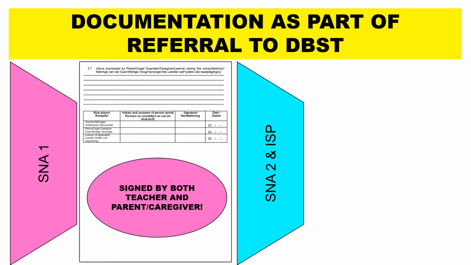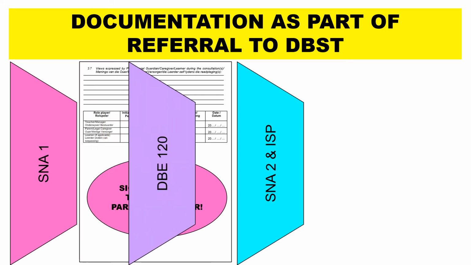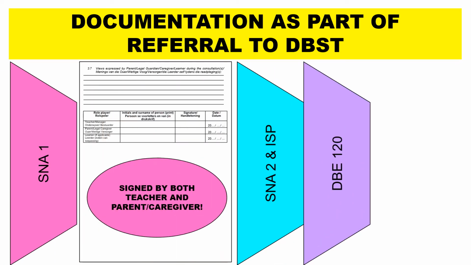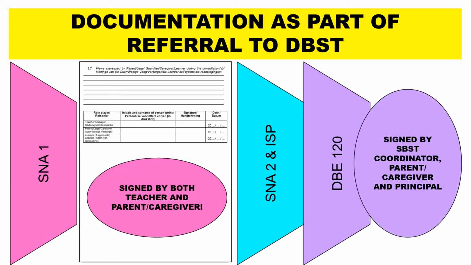Then, SNA2 and ISP should be included. DBE 120, that is the responsibility of a learning support teacher. And the DBE 120 must, of course, be signed by the SPST coordinator, the parent, and the principal.